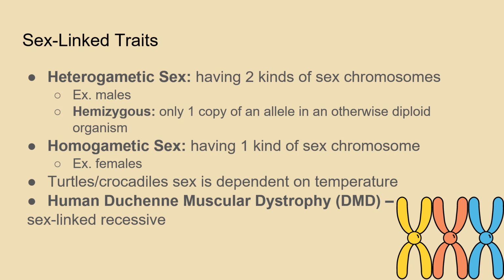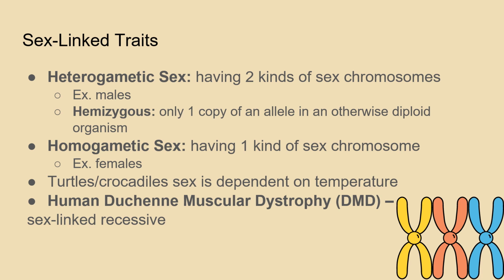And then homogametic sex is having one kind of sex chromosome, so this is the opposite, and it'll be seen with the females. So think homo, same sex chromosome, because females have the XX. And then just a little fun fact, turtles' and crocodiles' sex is dependent on temperature. If the eggs are in an environment with a warmer temperature, then it will develop into a male, and if it's a cooler temperature, then it will develop into a female.